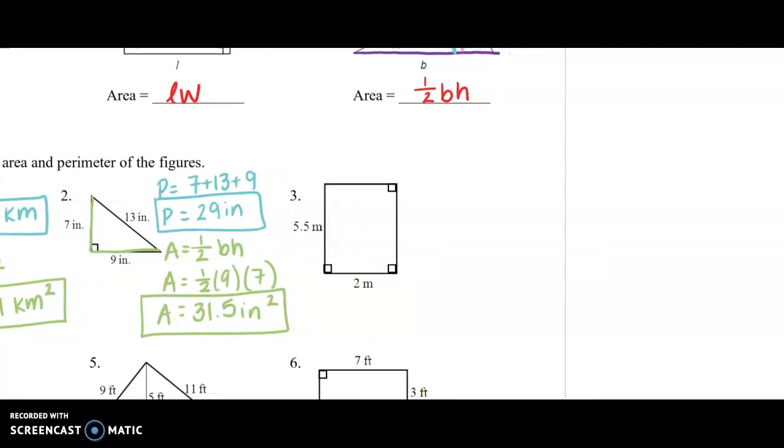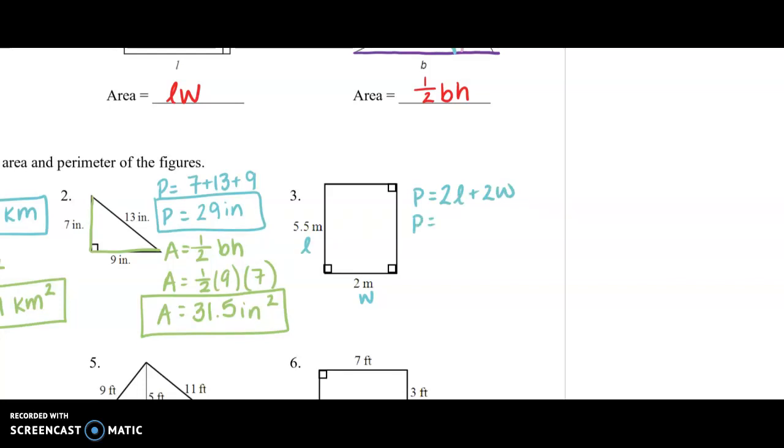Number 3, we have a rectangle for the perimeter. Let's say 5.5 is my length, 2 is my width. It could be either way. Remember, it's 2L plus 2W.